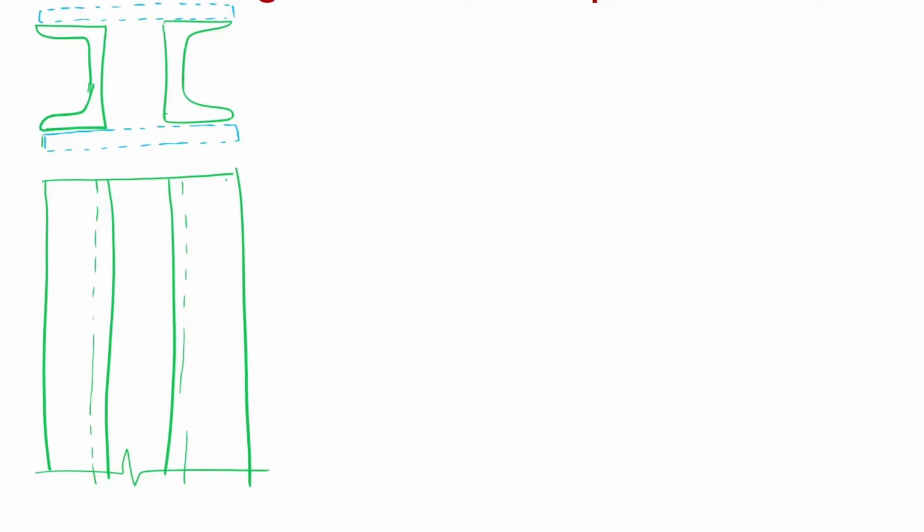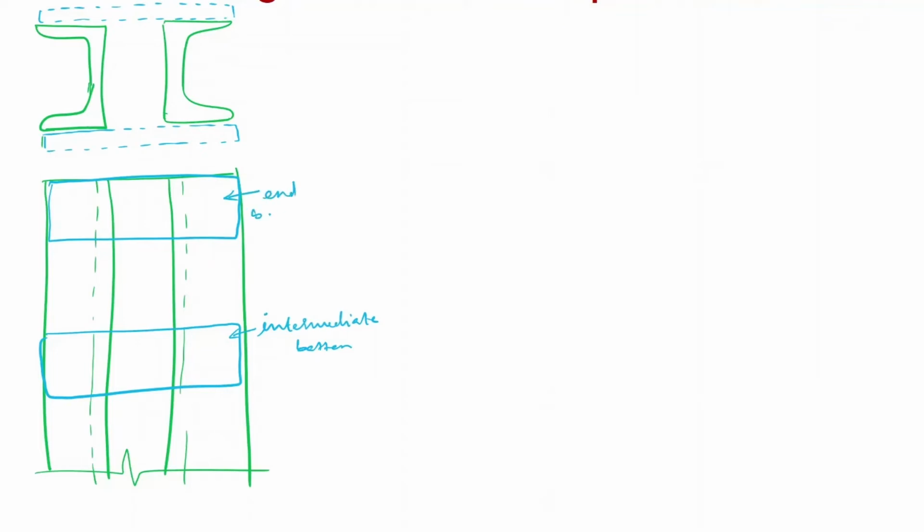This is the top of the column, and at the top we are going to provide an end batten, and in the middle we are going to provide an intermediate batten. So this is the intermediate batten, and this is the end batten.